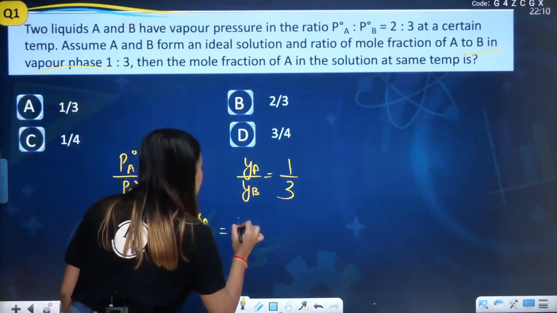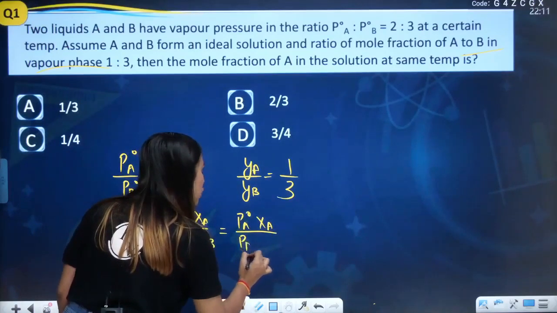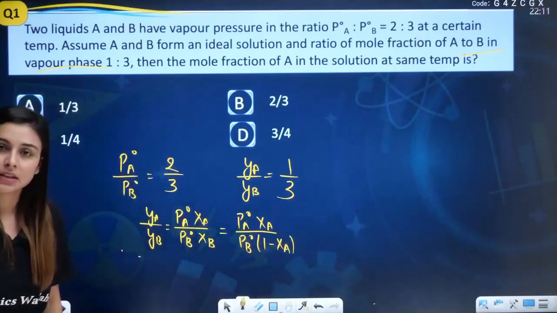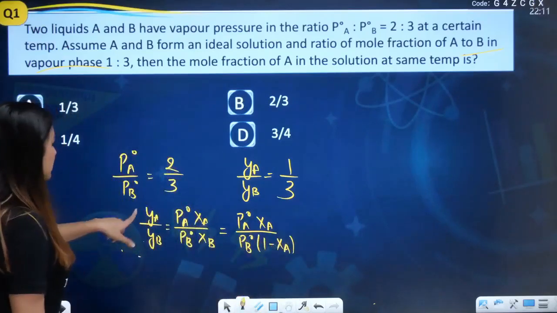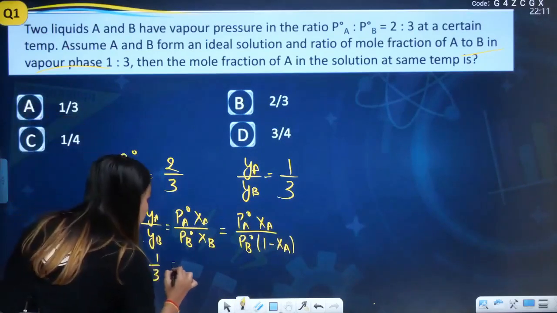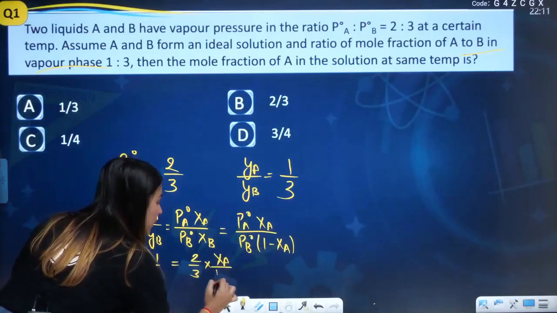So we can write PA naught XA upon PB naught into 1 minus XA. You are given this ratio equal to 1/3, and the pressure ratio as 2/3, into XA upon 1 minus XA.